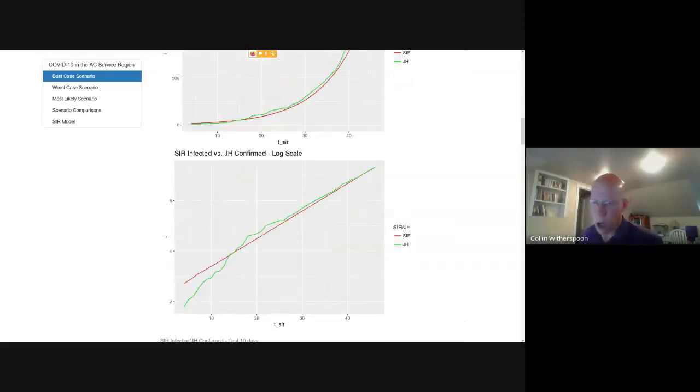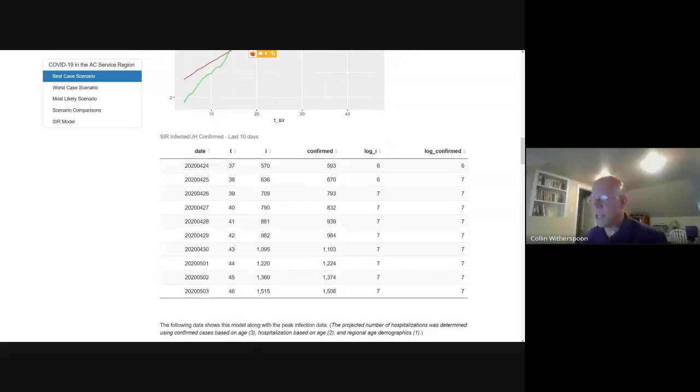This is looking at it on a log scale. We see that the model with that B value says there are 1,515 people versus 1,508. But note, that is the best case scenario because it is based on confirmed cases, which depends on the number of tests you're doing.